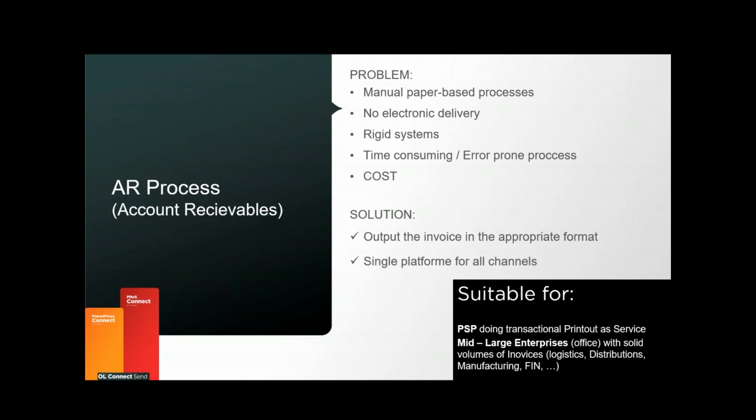The problems that we find in account receivable are that there's a lot of manual labor, a lot of paper-based processes, a lot of printouts, folding, enveloping, and these kinds of things, which are causing a lot of time inefficiency with the customers. Also, some rigid systems don't have the possibility to change the layout or the information coming in from the invoices.